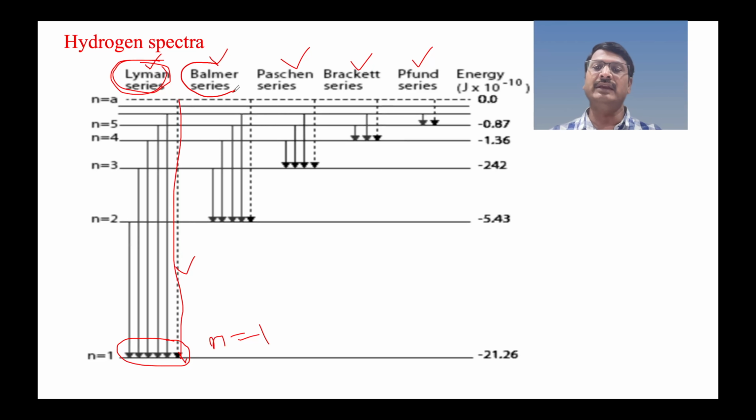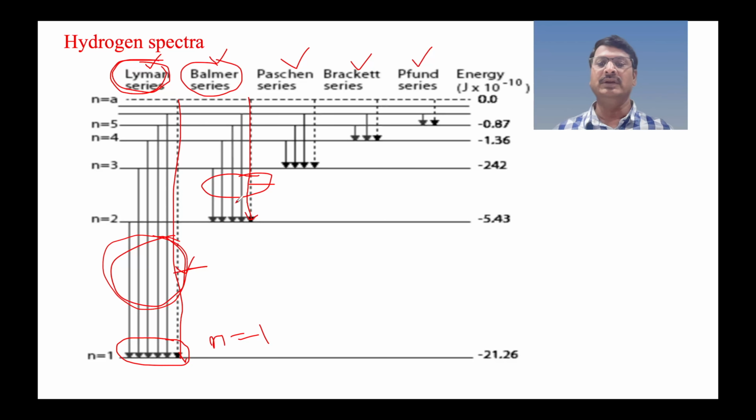And when any higher energy electron comes into the second level, that is the principal quantum number 2, this light has less energy compared to the first one. The Lyman series energy is more and the Balmer series energy is less, and this light is present in the visible region. That means if any electron comes from a higher energy level to the second energy level, it falls in the visible region and is called the Balmer series.